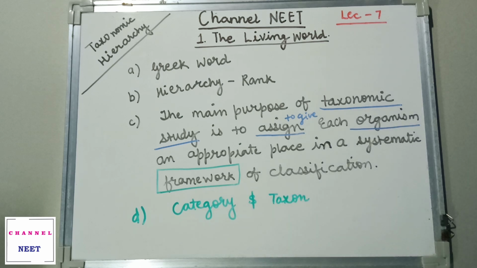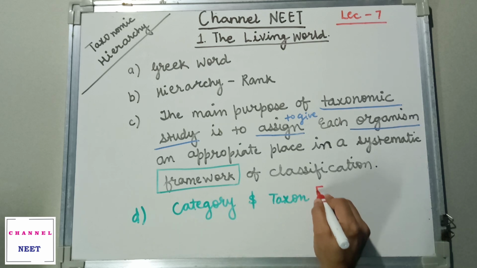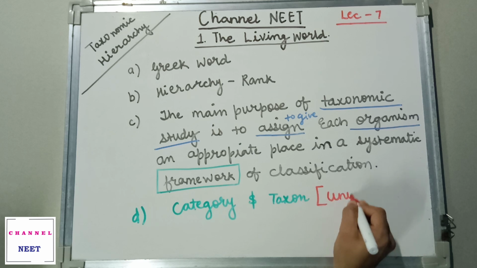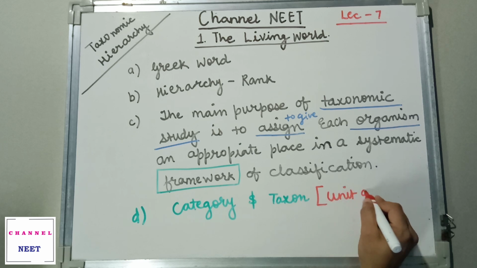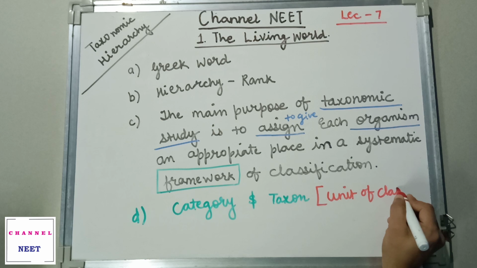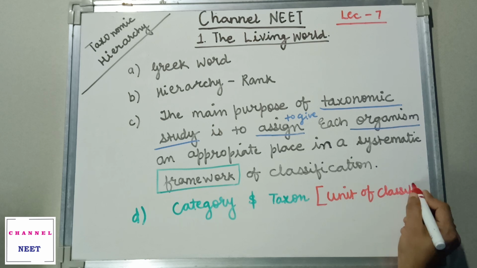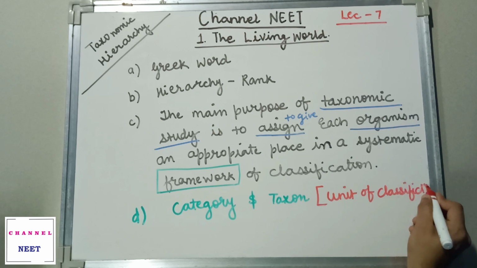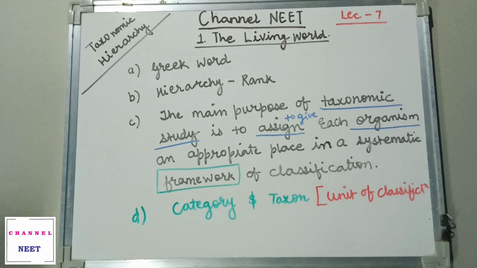Now you should know what is category and what is taxon, which I will soon be covering. And taxon, remember, is a unit of classification. So taxon is nothing but a unit of classification.